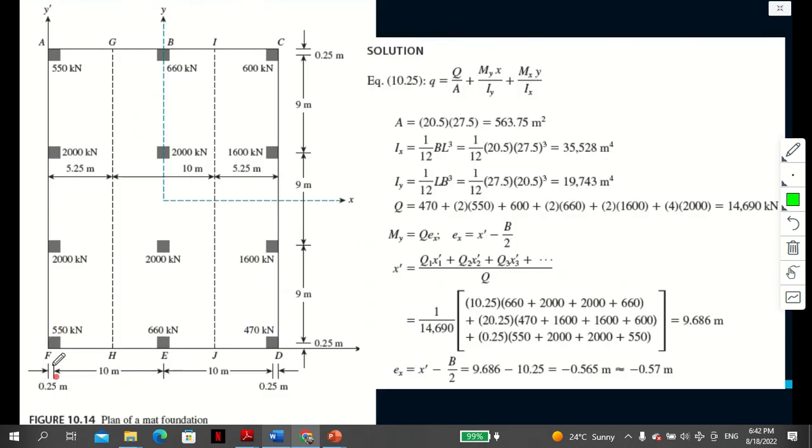The eccentricity is already indicated at 0.5 because the length of this is 0.5. So if we say x1, x1 is 0.25.